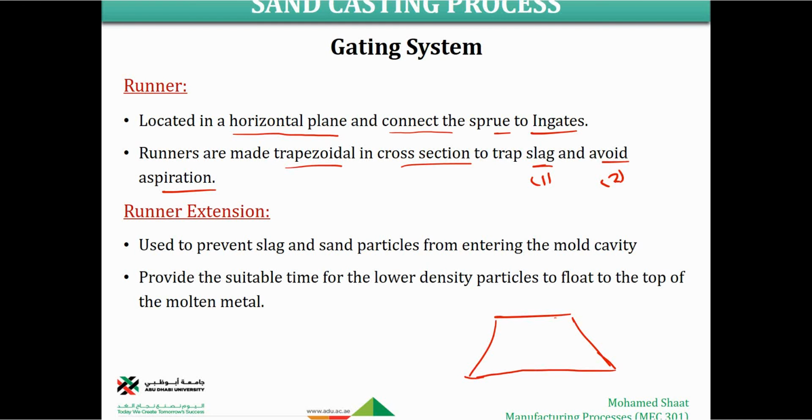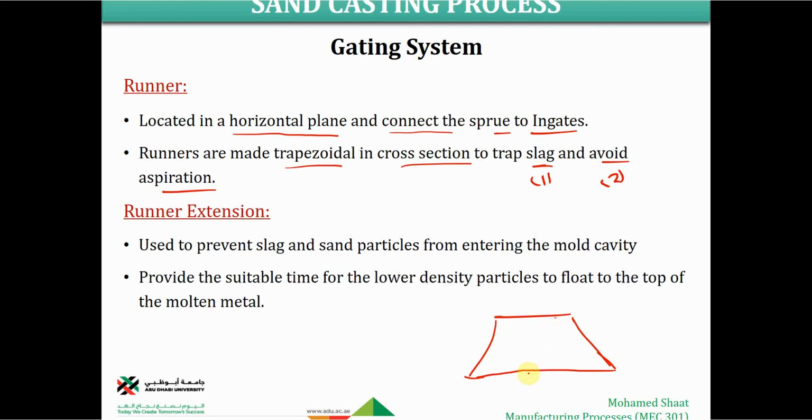So I have to have a backup for these extra slag that escape from the trap that was already built up through the pouring cup. But anyway, if we still have some slag, this slag also should be prevented. We can do so through the runner, so that's why it is better to have it trapezoidal.